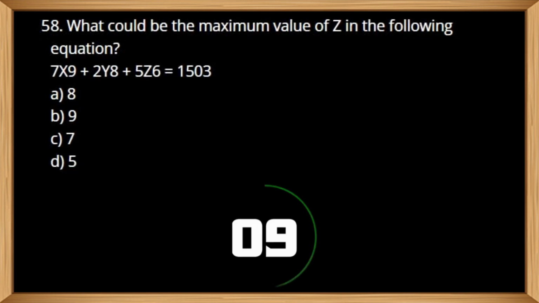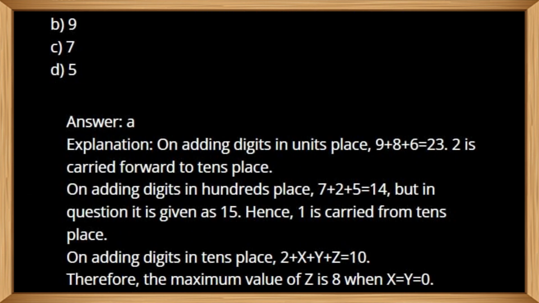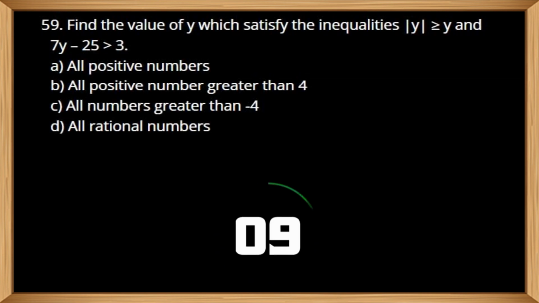What could be the maximum value of z in the following equation? Option A 8. Find the value of y which satisfy the inequalities absolute y greater than y and 7y minus 25 greater than 3.